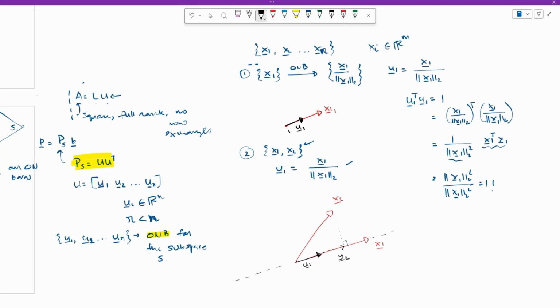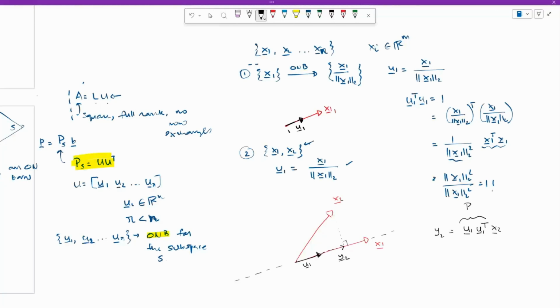To compute the projection matrix, you need an orthonormal basis for the subspace spanned by x1. We already have that, which is u1. So if I take u1 u1 transpose, which is your orthogonal projection matrix, and multiply it by x2, I will get y2.